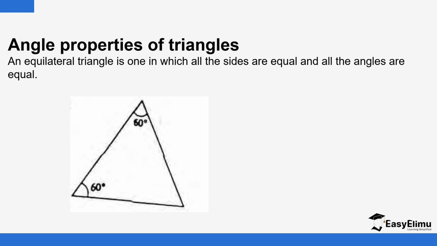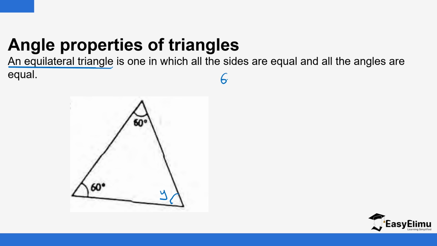There is what you call an equilateral triangle. An equilateral triangle is one in which all the sides are equal and all the interior angles are also equal. Just try and find this one. Maybe I can call it y.